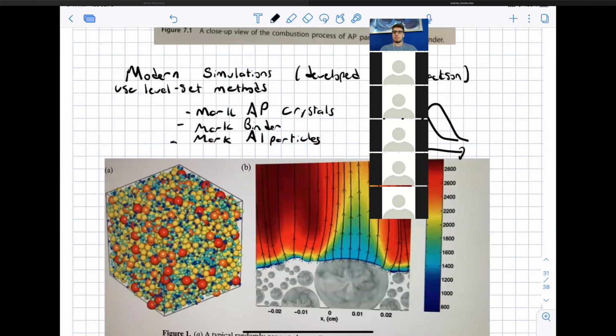It just happens that due to the size of the diffusion flamelets that form around all of the AP crystals, that affects how close the final combustion products are to the surface, which affects the heat transfer to the surface, which affects how fast it burns.